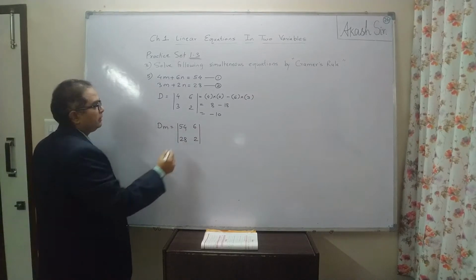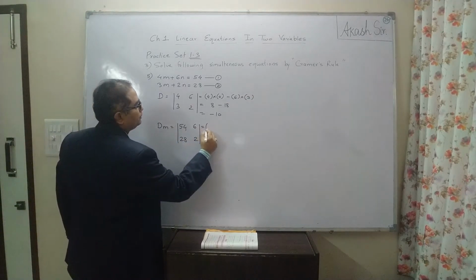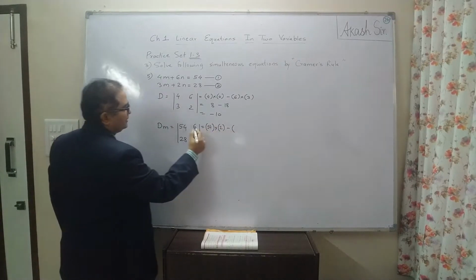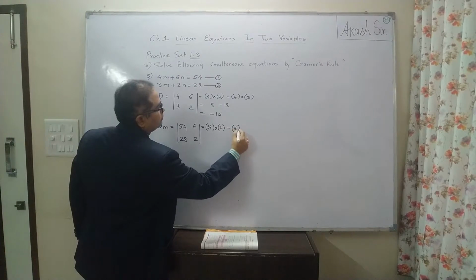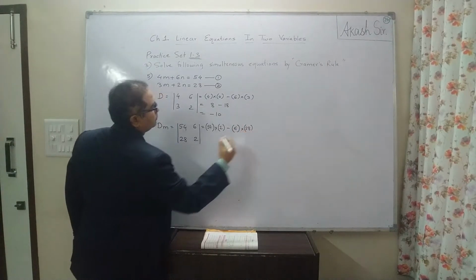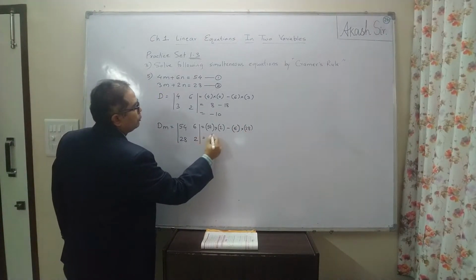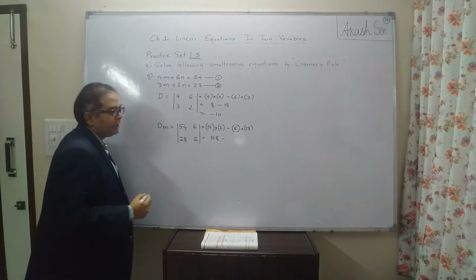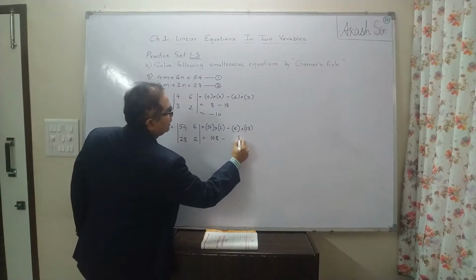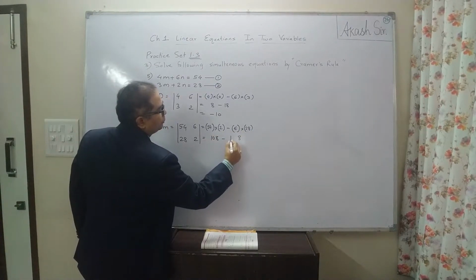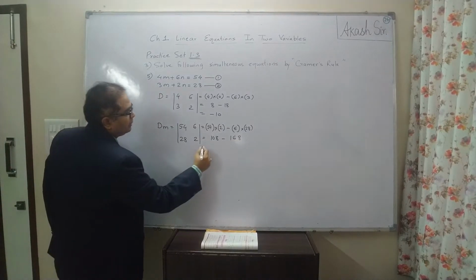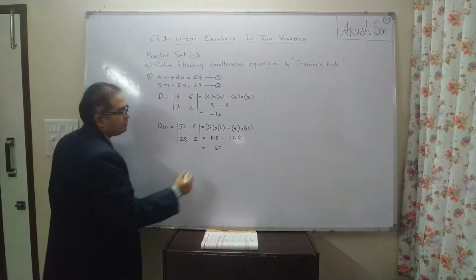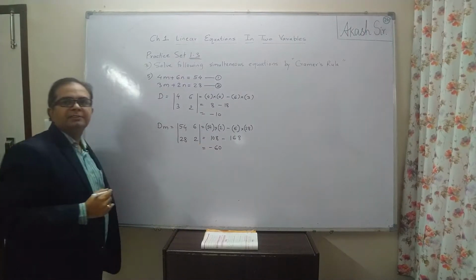Cross multiplication: 54 into 2 minus 6 into 28. 54 into 2 is 108. 6 into 28 is 168. Now 168 minus 108 is 60, bigger number sign is minus, so minus 60.